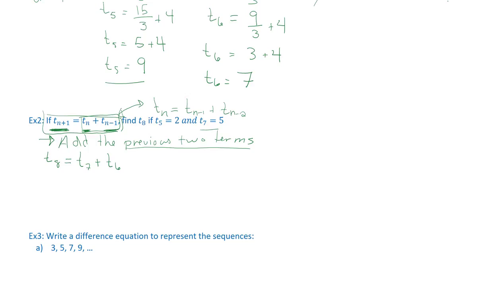So here we go. How do I find T6? Okay, so notice this equation involves 8, 7, and 6. Well, I've got T5 and I've got T7 and I want T6. So if I wanted to set up a similar type equation that involved term 5, 6, and 7, well, term 7 is term 6 plus term 5.